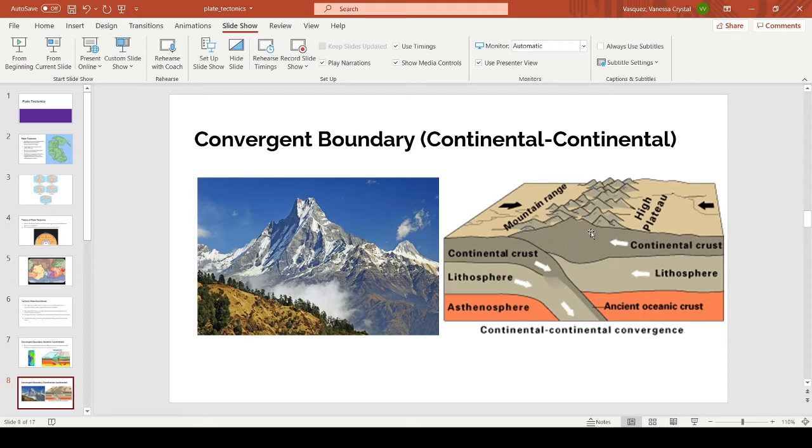Instead, you're just going to get a buildup of the continental crust colliding into each other, forming these gigantic mountain ranges. In this example, this is the Himalaya Mountains, and this was formed due to the collision of two continental crusts slamming into each other.